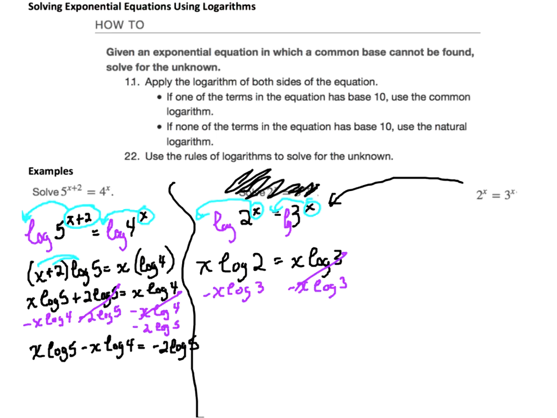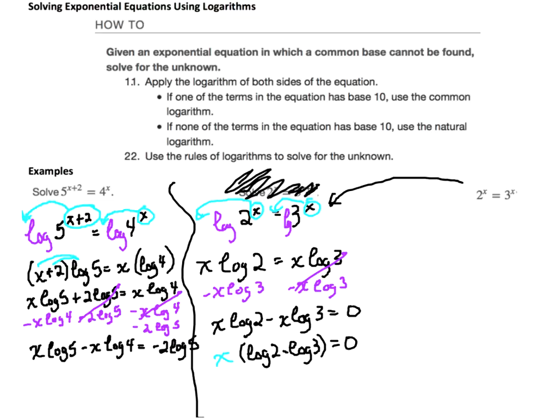And now I get x log 2 minus x log 3 equals 0. Factor out my x, and I'm left with x times log 2 minus log 3 equals 0.